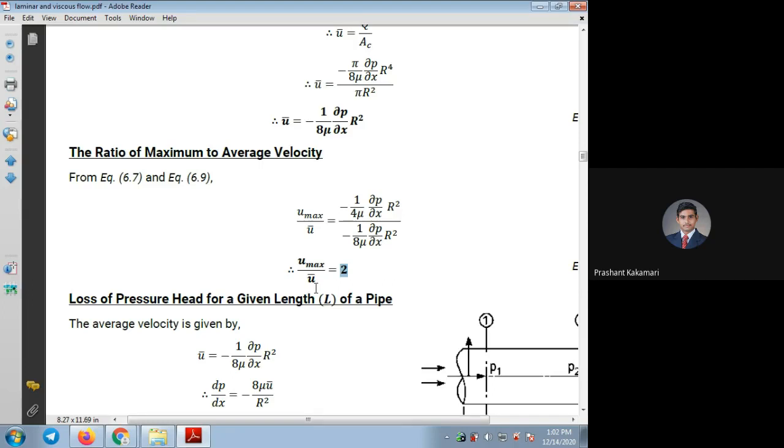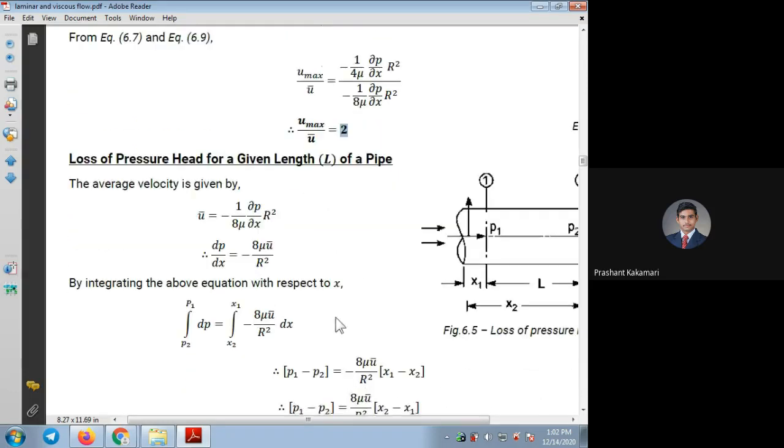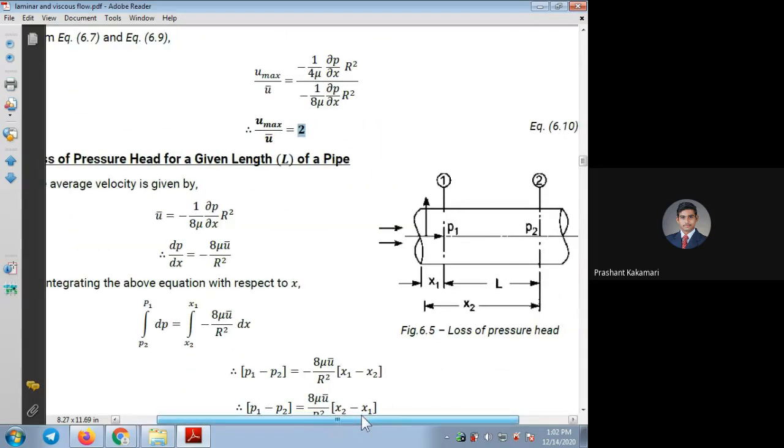Okay, now we'll finally come to the Hagen Poiseuille equation using all the above equations, that is, to find the loss of pressure head for a given length of pipe L. So this is very important now.